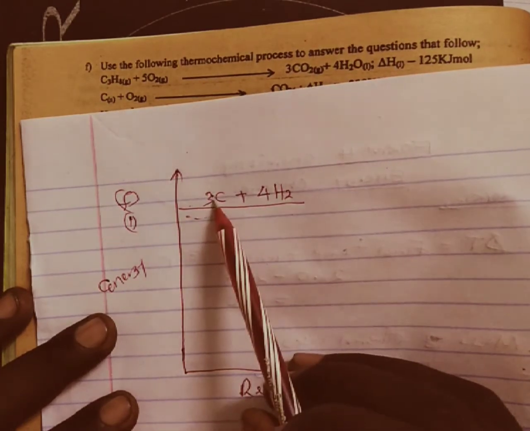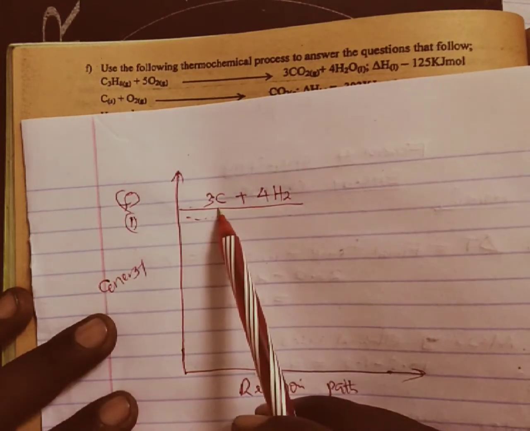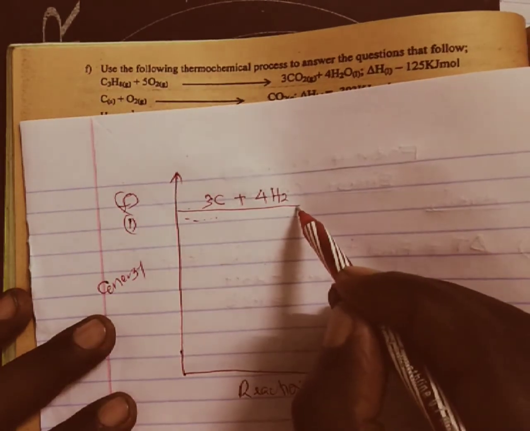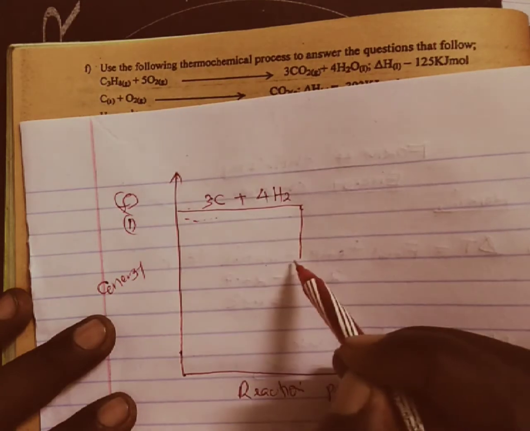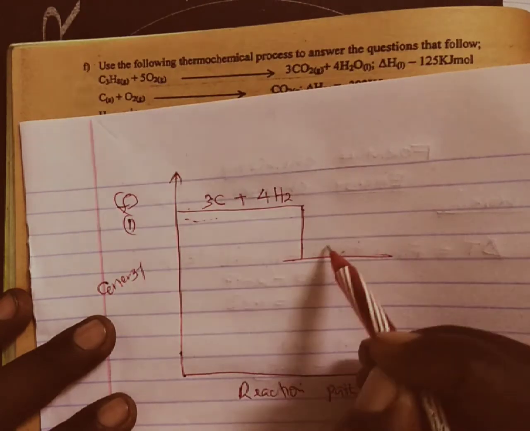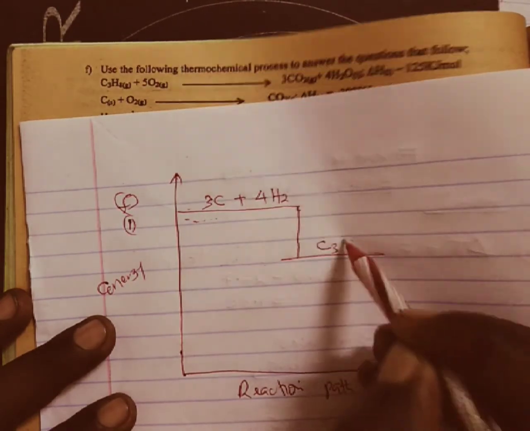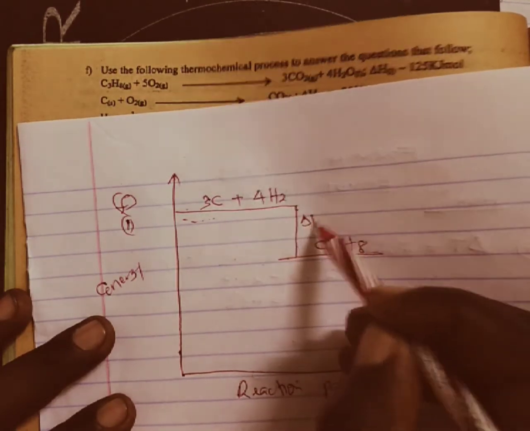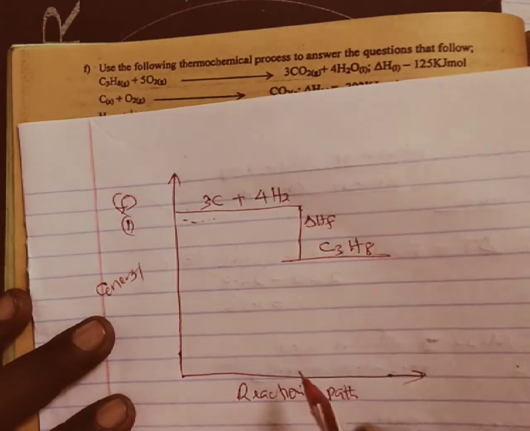So for you to form propane, you need 3 moles of carbon and 4 moles of hydrogen to give us what we call propane, which is C3H8. So this one is the enthalpy heat change of formation of propane.